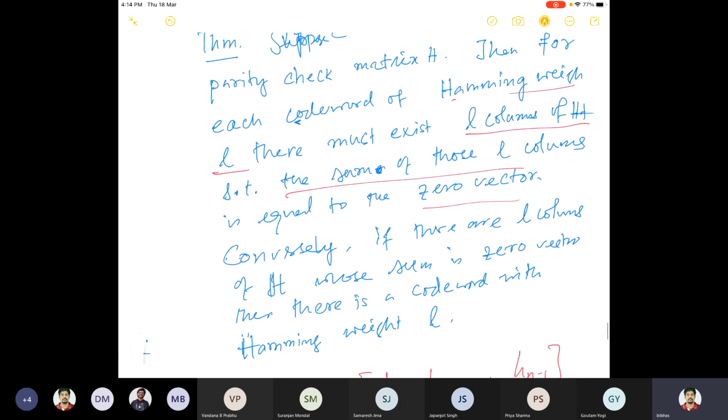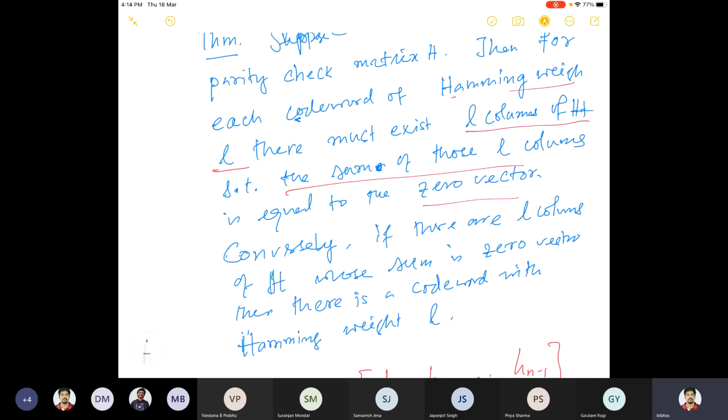And then I came back to calculating the minimum weight in order to check how many errors are undetectable. And from there I concluded that if n is much bigger than k, then the number of undetectable errors will be less, because undetectable error patterns only belong to that subspace which contains 2 to the power k minus 1 entries.